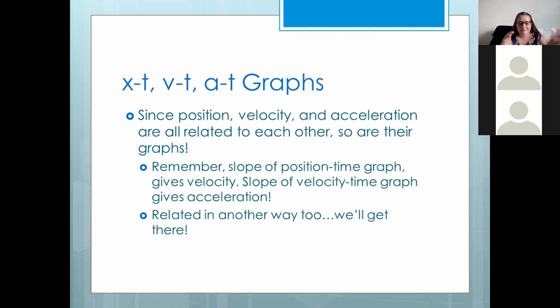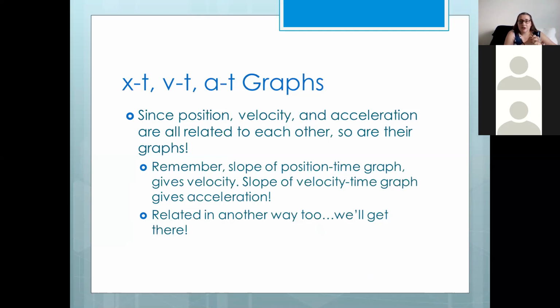Anyway, moving on. Yesterday we did our position time graphs, or x-t graphs, but we can also create velocity time graphs and acceleration time graphs. These three concepts are all related to each other because they're derivatives of each other, so their graphs are related too. Yesterday we learned that the slope of a position time graph gives us velocity.